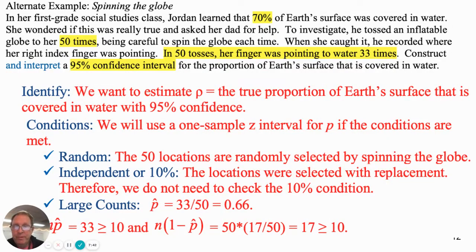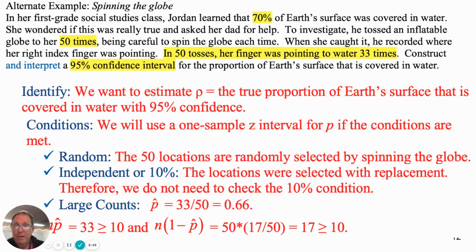Random: the 50 locations are randomly selected by spinning the globe. Independent or 10% condition: this time we don't have to check the 10% condition because the locations were selected with replacement. Therefore, there's no need to check the 10% condition. We have independence.